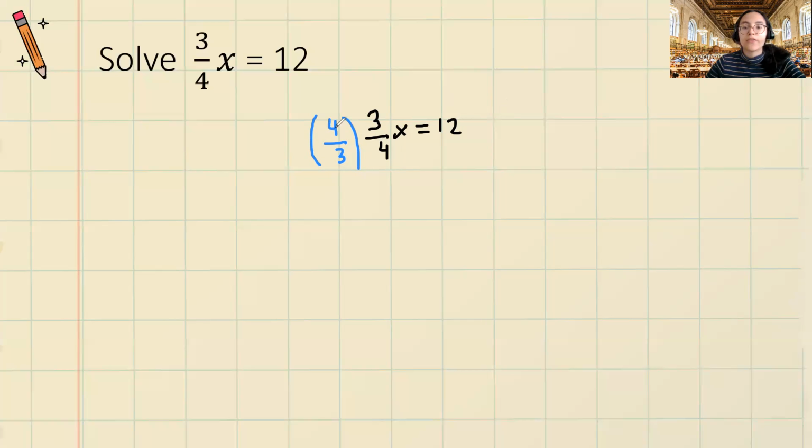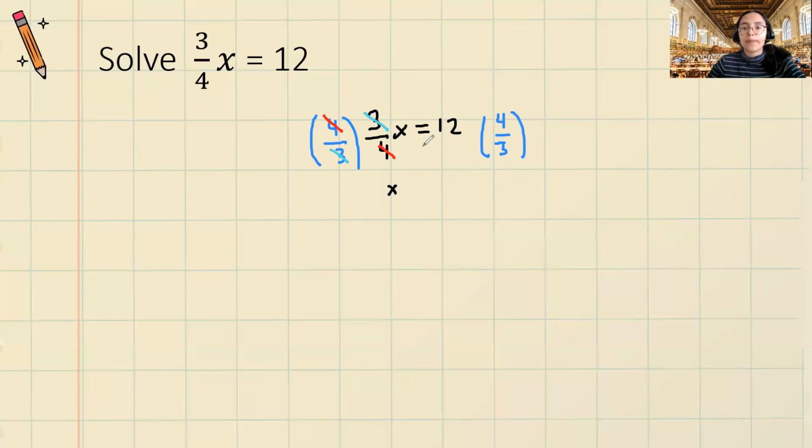And then your 4's here, let me use a red color. This 4 will cancel with this 4. And then this 3 at the bottom will cancel with this 3. Okay, and you can do it all in one step, or you could do it step by step, whichever one you prefer. Then x, and remember I have to do it to both sides. So I have to multiply 4/3 to this side as well.